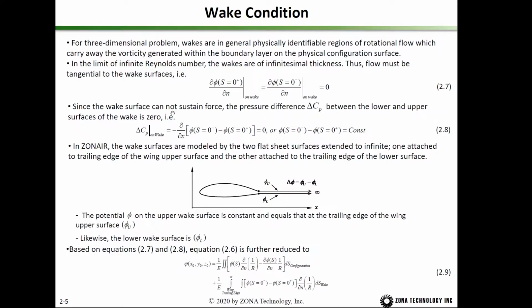And also, because the wake surface cannot sustain force, the pressure difference delta Cp between the lower and upper surface of the wake is 0.